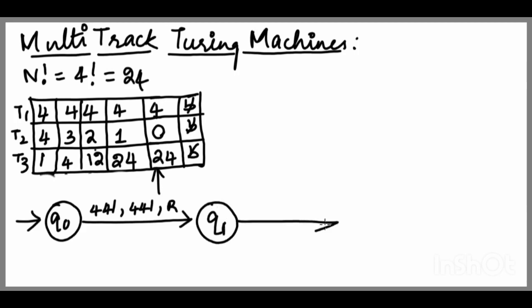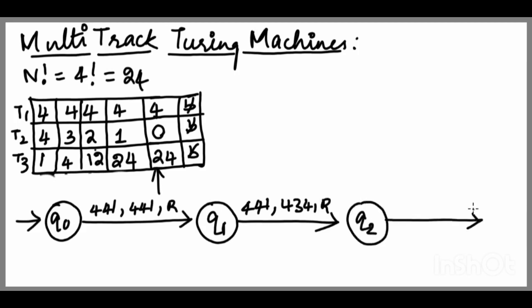Now we have 4, 4, 1 in our tape, where we update them into 4, 3, 4 and move in the right direction. We now reach the next state, Q2, where we have 4, 3, 4.